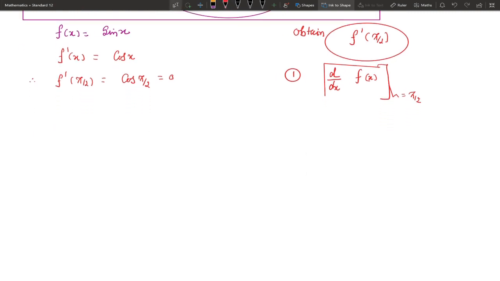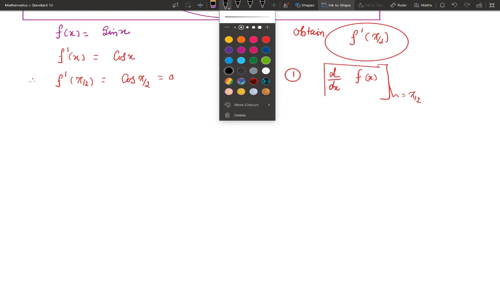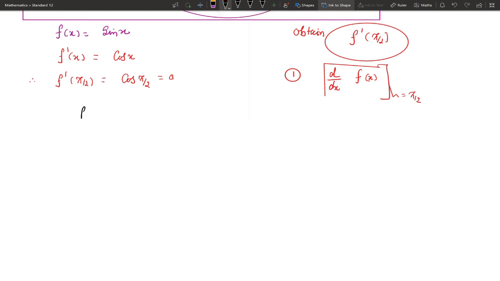Now if we use the definition of f prime pi by 2, you recall the definition. So there must exist the limit as x tends to pi by 2 of f of x minus f of pi by 2 upon x minus pi by 2.